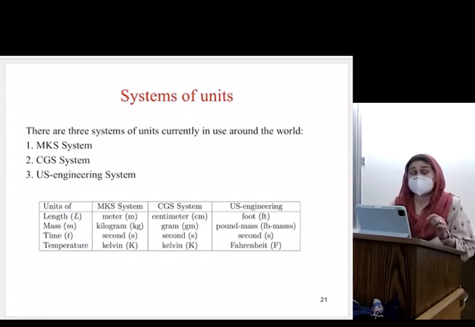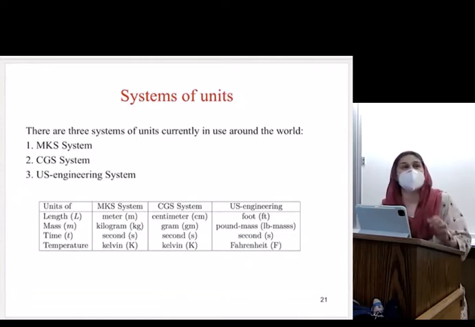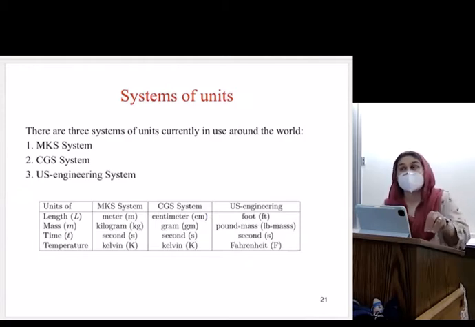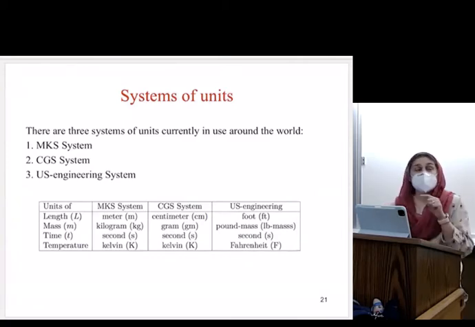In the CGS system, C stands for centimeters. Centi means what? What is a century? Cent means 100. So centi means 100, whatever you attach with it. So a century is 100 years. G is grams.